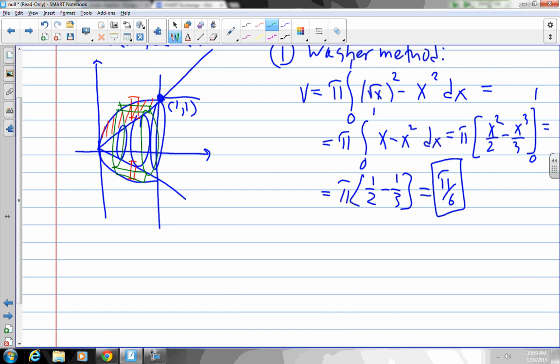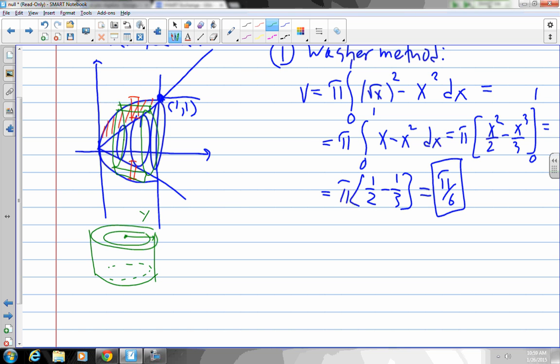But basically, this is what I end up with, something like that, right? So basically, we're just adding a whole bunch of these shells, and eventually it's going to fill in the volume that we created. So the radius of this shell is just whatever the y value is, right? You're slicing along the different y values.